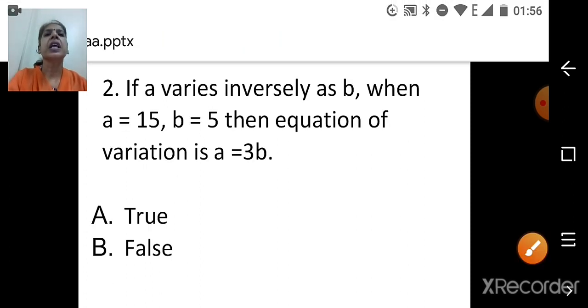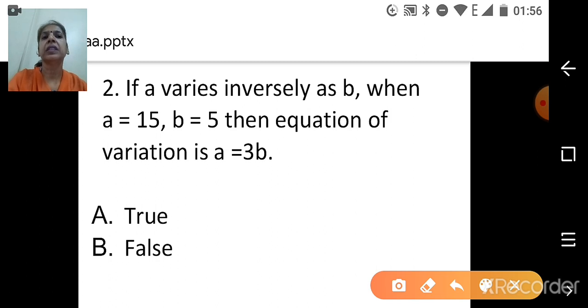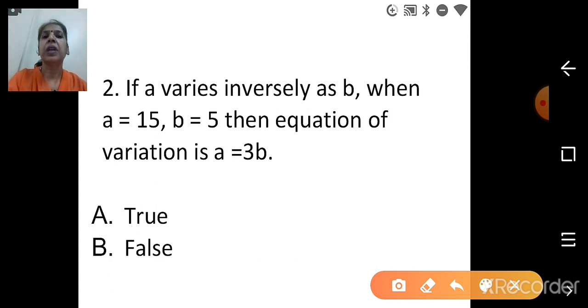Next question is, if A varies inversely as B, when A is equal to 15, B is equal to 5, then the equation of variation is A is equal to 3B. So what is the answer? True or false? So what you are going to do, which variation is it? Inverse variation. In inverse variation, what is the equation form? It is AB is equal to K. So when we say AB, substitute the values.